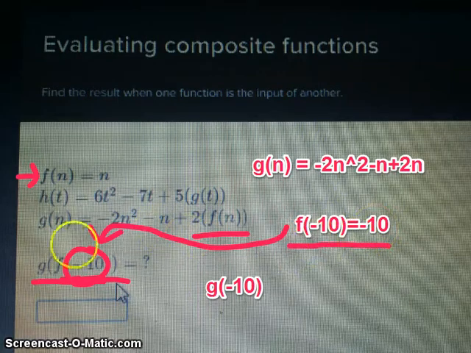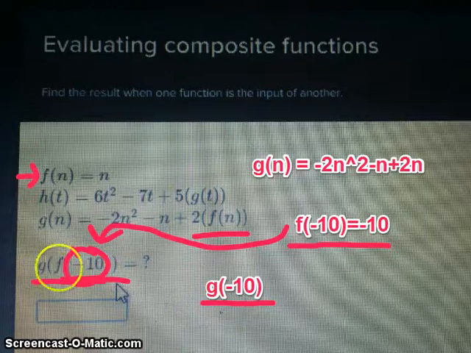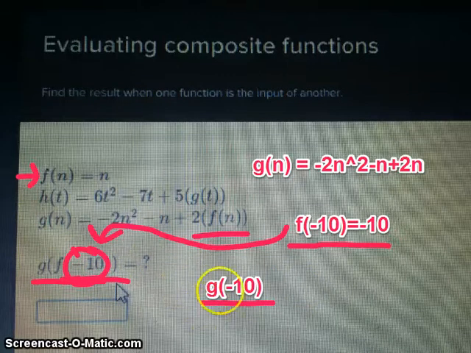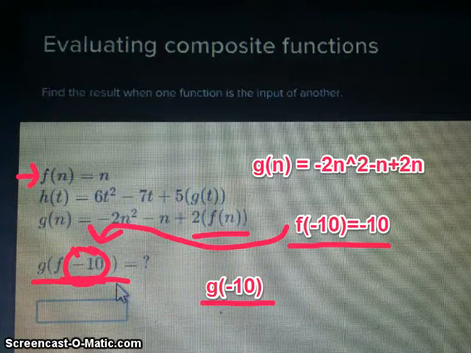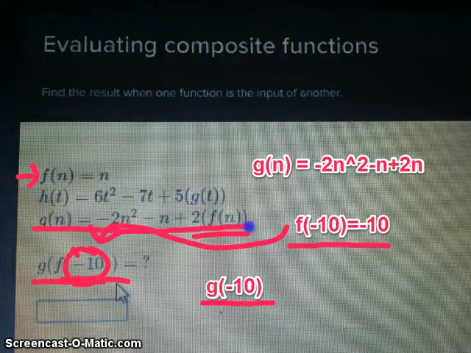Therefore, we can plug negative 10 in right here for f of negative 10, giving us g of negative 10, because this whole value would just go to negative 10. And then this is asking you to evaluate g at negative 10. So to do that, you would just plug in negative 10 for all the variables n that you see in this g function right here.